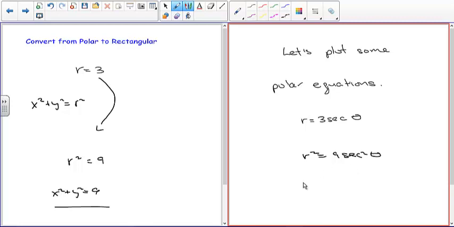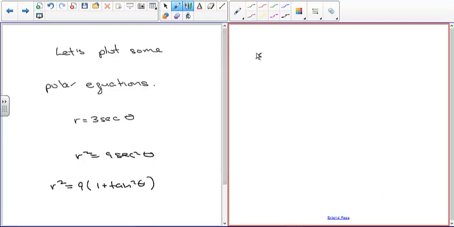So secant squared is equal to 1 plus tangent squared theta. Then for r squared, I can put x squared plus y squared, and for the tangent of theta, I put y over x, and I square it.